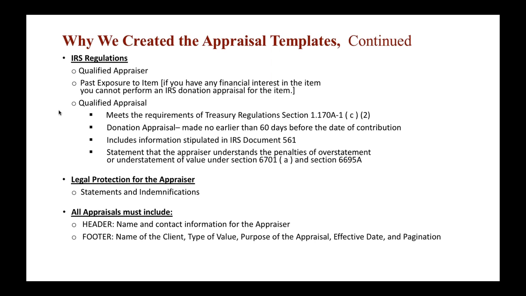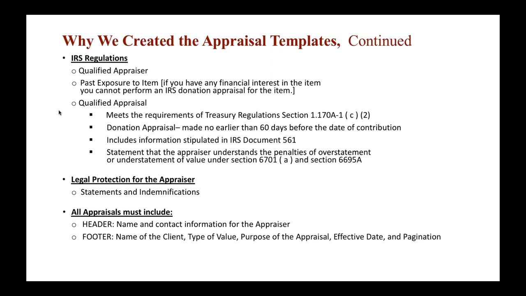Also interesting to note is that in the finalized regs, whereas the temporary regs used to reference a qualified appraiser and a qualified appraisal met the requirements, generally accepted standards were referenced in the temporary regs. In the final regs, the IRS no longer references generally accepted standards vaguely. It actually mentions USPAP.